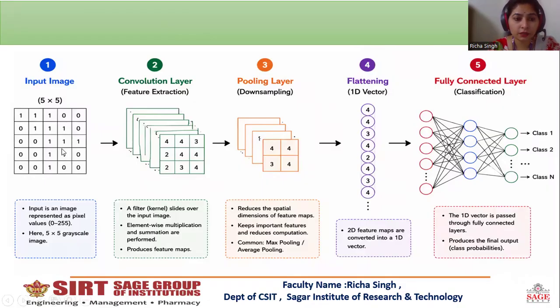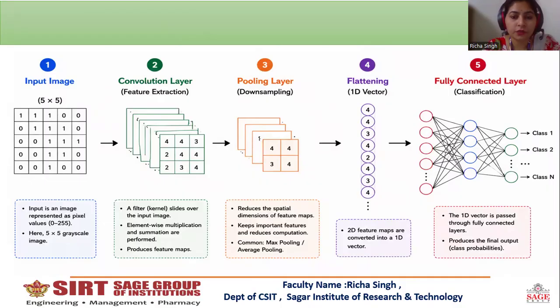This is the process of how each and every step has been performed. Like we have a 5 by 5 input image. One means white and zero means black. The convolution layer has performed feature extraction. The pooling layer has performed the downsampling, which means if we have an image with many feature pixels, we have to reduce the dimension of that particular image, then we use the pooling layer.